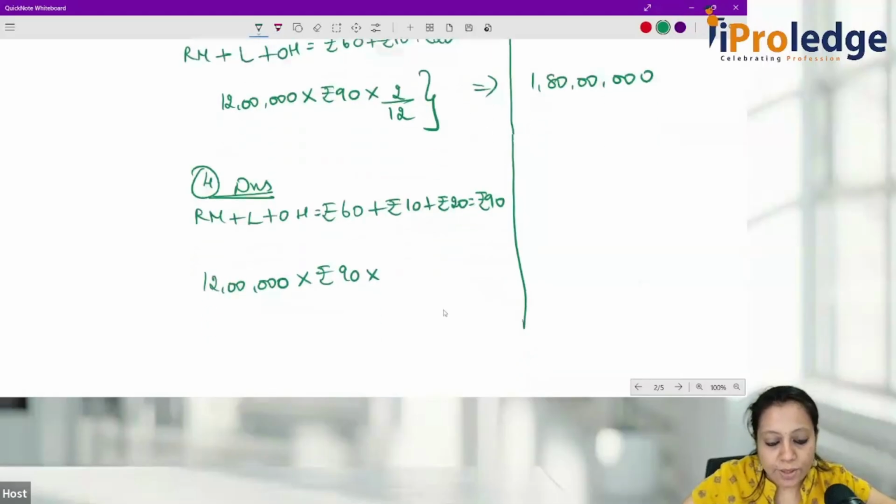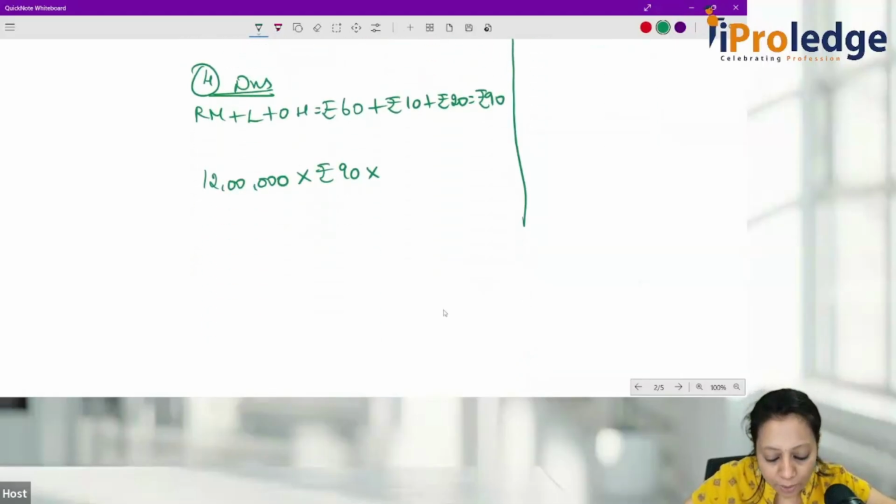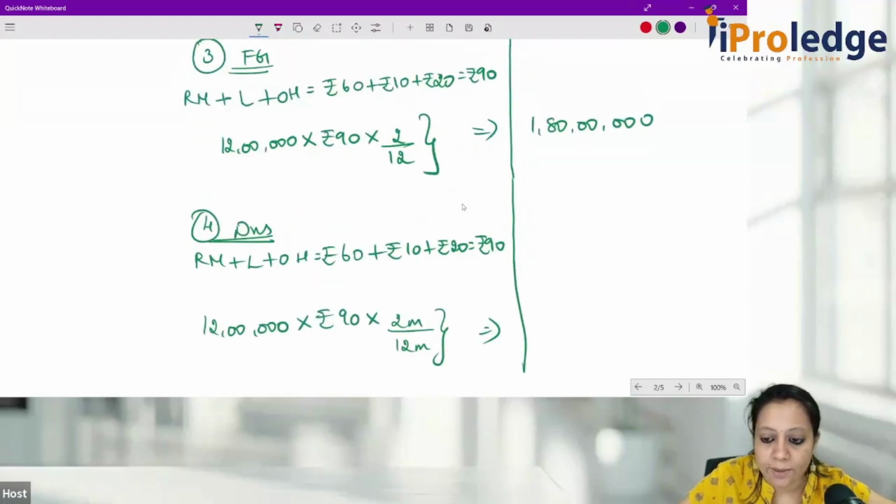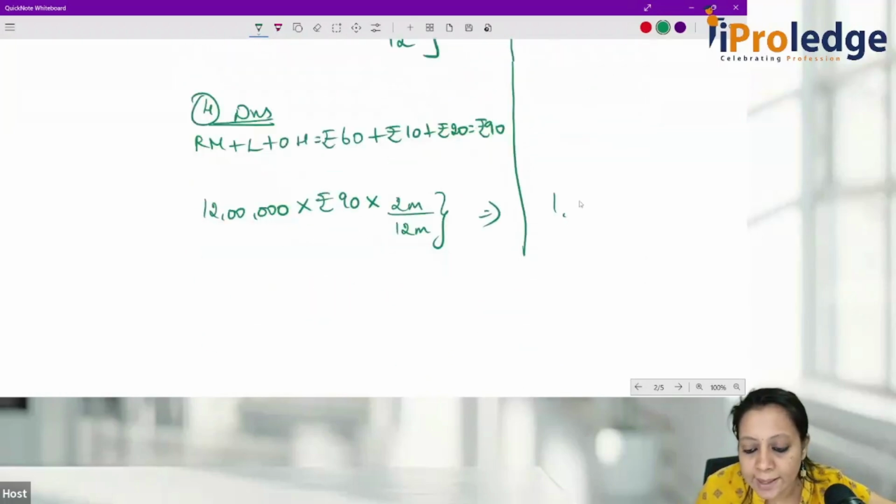Okay. So rupees 90 into what is the debtors period? Can you all see? Credit given to debtors is 2 months in the table, 2 divided by 12. So I think it is the same calculation. Yes, it will be 1 crore 80 lakhs again.